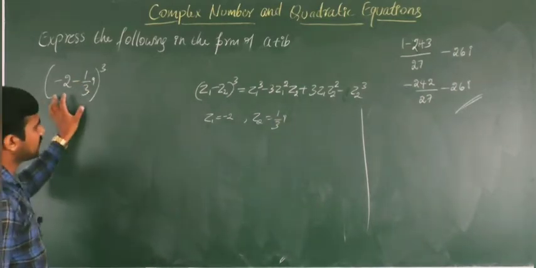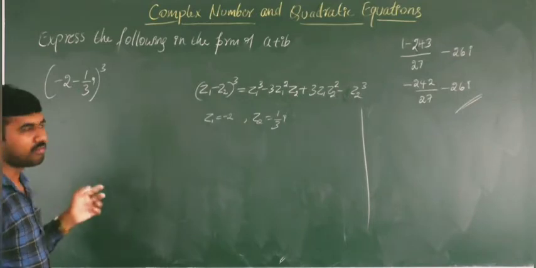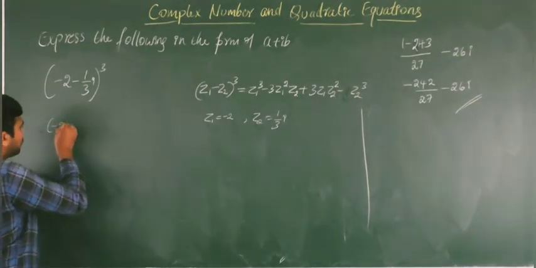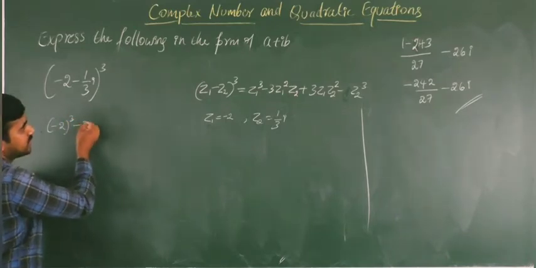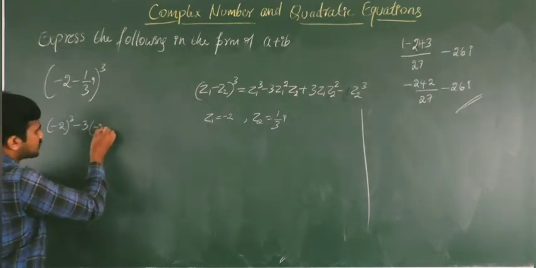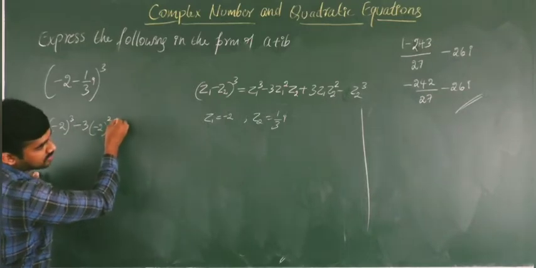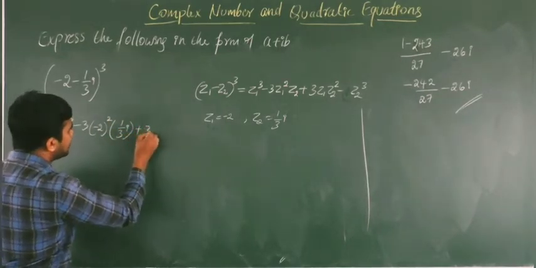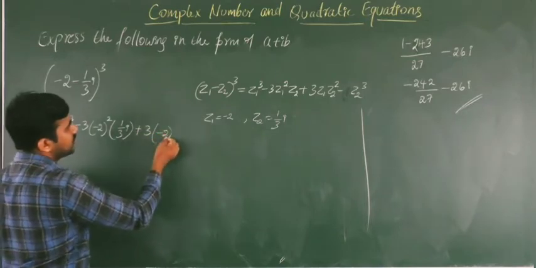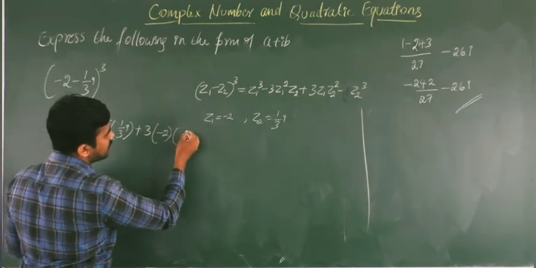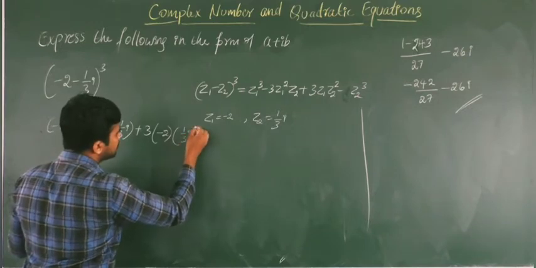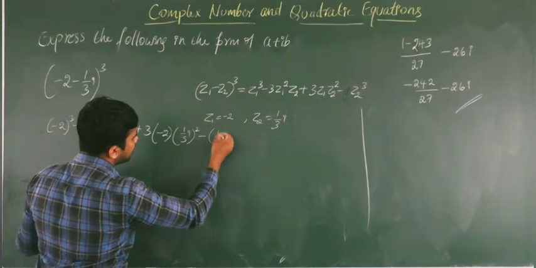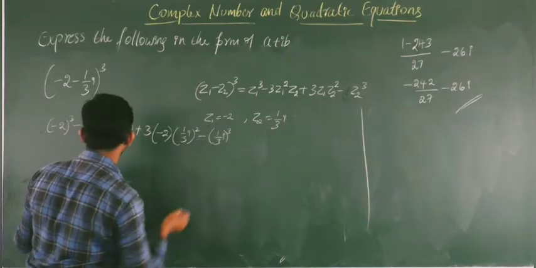Now substitute the values of z1 and z2 in the formula. We'll get z1 cube is nothing but (-2) cube, minus 3 z1 square, that is (-2) square, into z2, that is 1 by 3i, plus 3 z1, that is minus 2, into z2 square, that is (1/3 i) whole square, minus z2 cube. z2 cube is nothing but (1/3 i) whole cube.